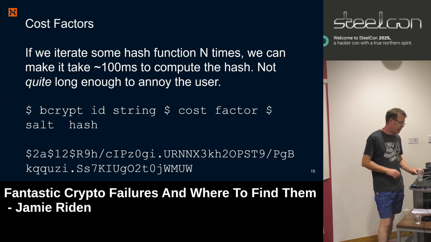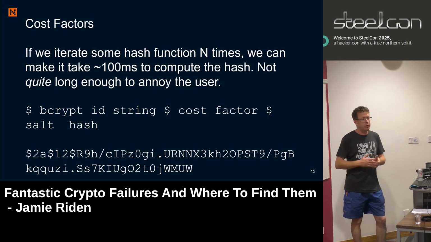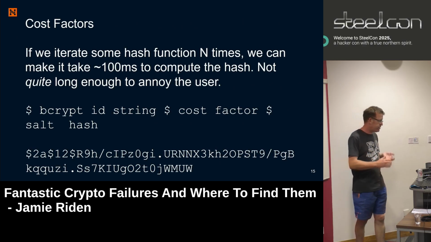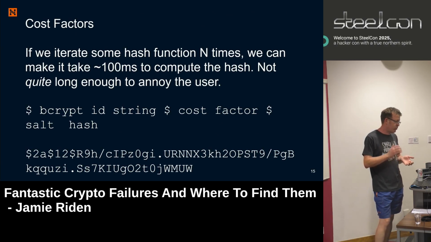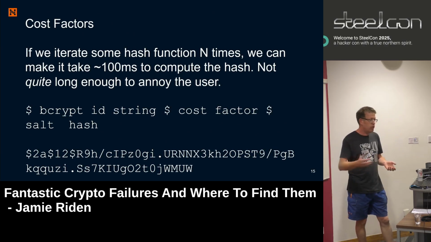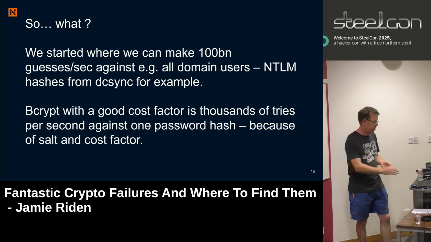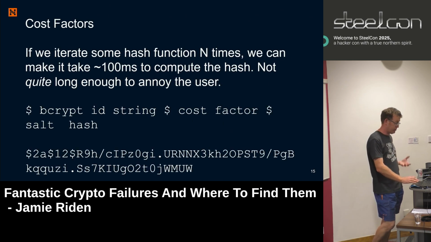And it just means that every now and then, when people change passwords, you can increase that cost factor. The idea is essentially you want to not quite annoy the user, so maybe 100 milliseconds to compute the hash, which a user won't notice on the web page load, but an attacker very much will, and it will really frustrate them.